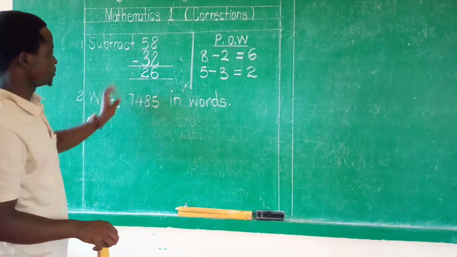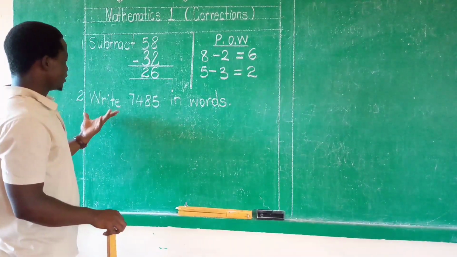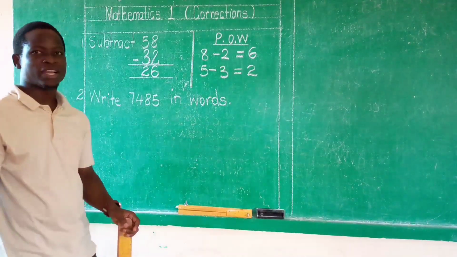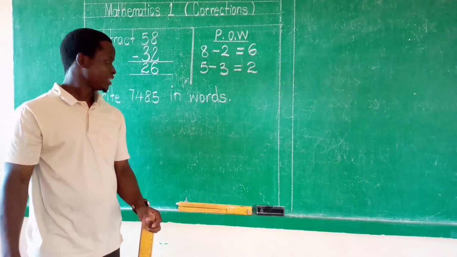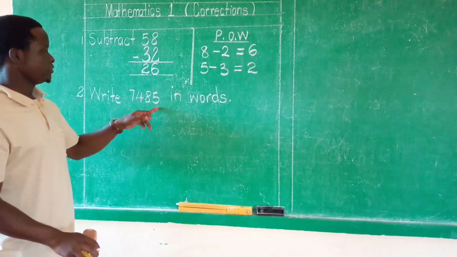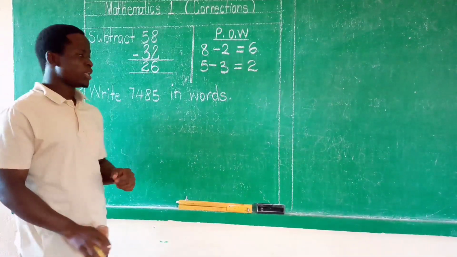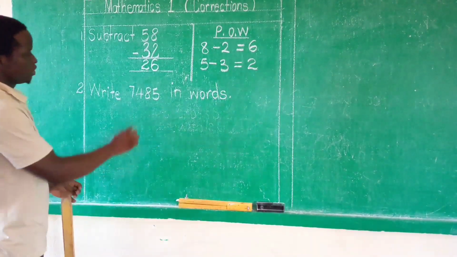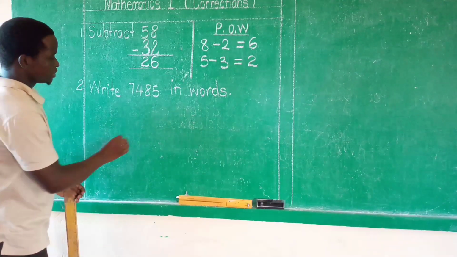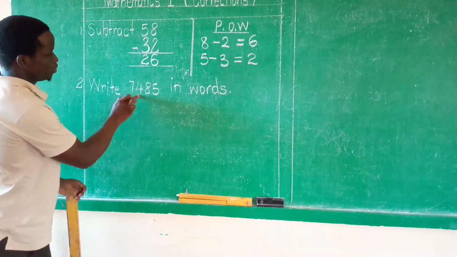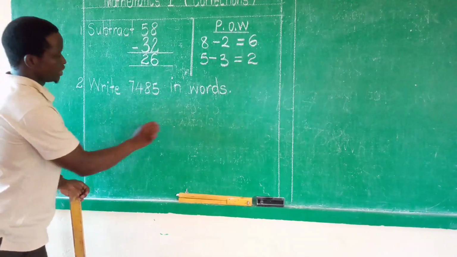As you can see it reads, write 7,485 in words. Now here, when writing such a large number in words, we divide our digits into 2 groups, starting with the last 3 digits.